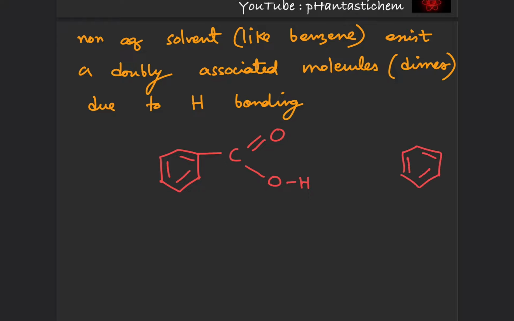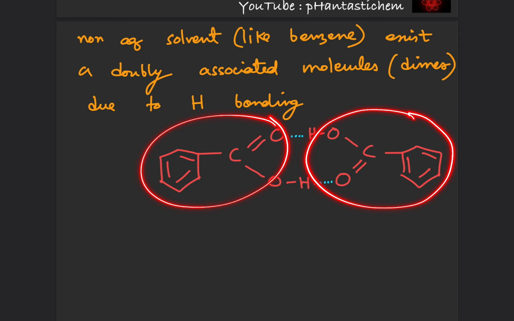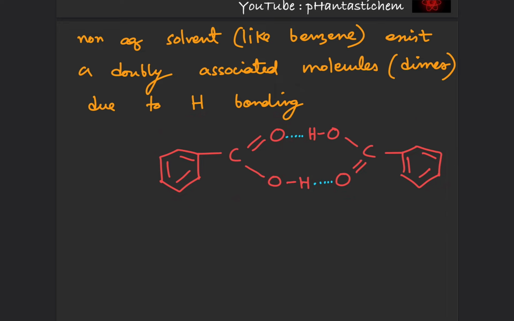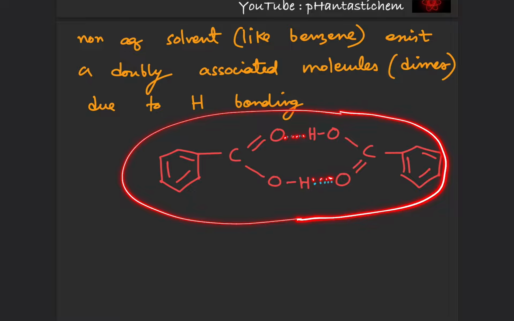Since it is forming a dimer, it will have C. This is the hydroxyl OH and this is the carbonyl CO, and there is a hydrogen bond between them, right? So this is how two molecules associate due to hydrogen bonds and exist in the form of a dimer. This is what is known as association.